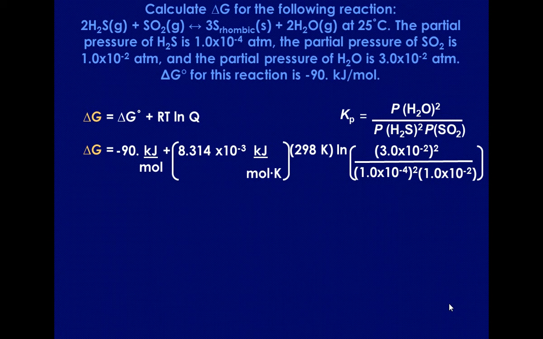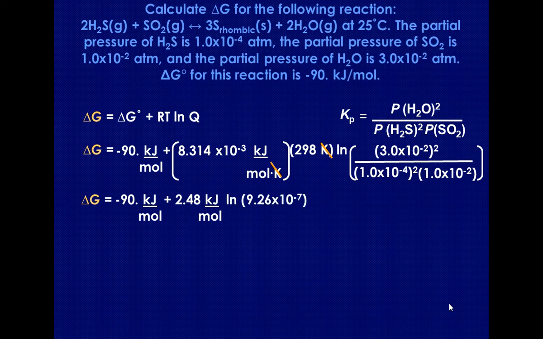If I go through and solve it mathematically, getting rid of the kelvins, the kilojoules and the moles, that 2.48 is combining the 8.314, the 298, and the natural log of the Q value. Sorry, I didn't include the Q value. We've got the natural log of 9.26 times 10 to the negative 7th. So I keep going, and when I combine that natural log in, I have negative 90 minus 34.5. And so this would have a net free energy of negative 124.